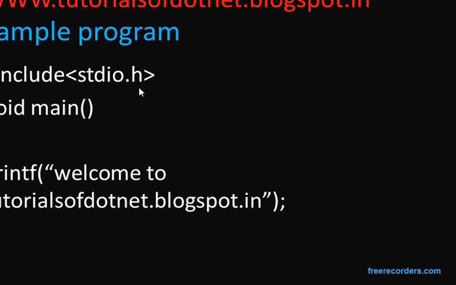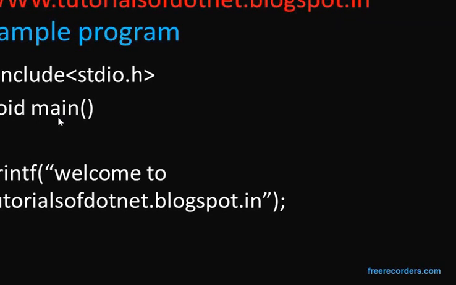In this program I am using the printf function for displaying data on the screen. The code behind this printf function exists in the stdio.h library file. So let's see what this void main is.